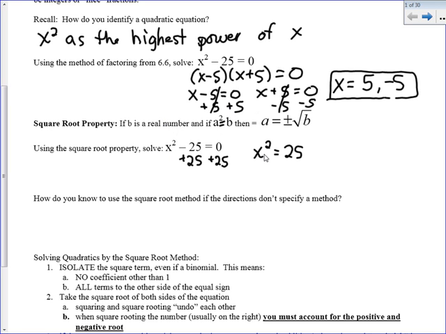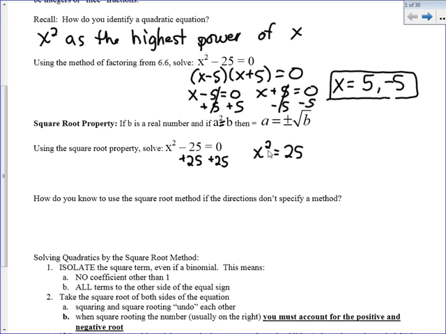And then think back to 10.6. So in 10.6, we had equations that had square roots in them. And how did I undo a square root? Squared it. So squaring and square rooting, we learned undid each other. We saw that in 10.6. So this time, I'm starting with the squared. I'm going to have to square root it. So we're essentially doing backwards of what we did in 10.6.